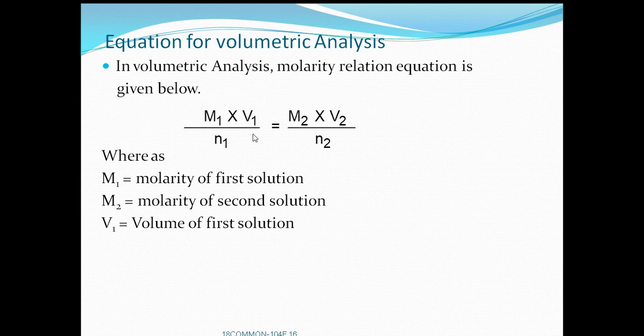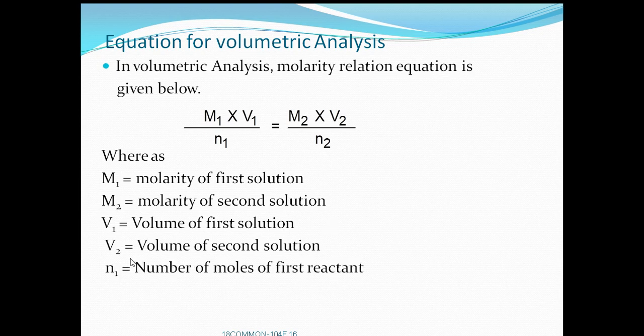V1 means volume of the first solution, V2 means volume of the second solution. N1, small n, we already know small n means number of moles. So small n1 equals the number of moles of the first reactant or first solution.